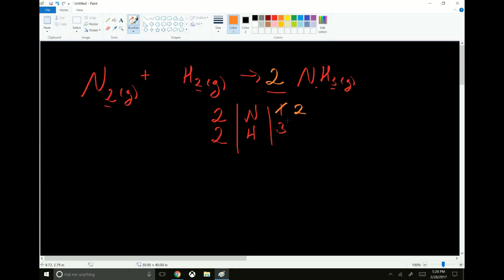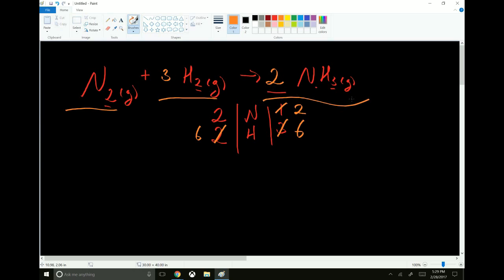That gives us 2 nitrogen and 6 hydrogen, which means we triple the amount of hydrogen on the left. End up with 6 hydrogen on the left. And that has balanced that equation. That means that when this reaction occurs, 1 molecule of nitrogen combines with 3 molecules of hydrogen to produce 2 molecules of ammonia.